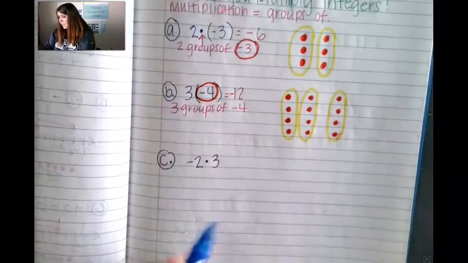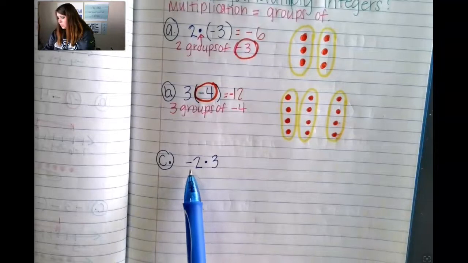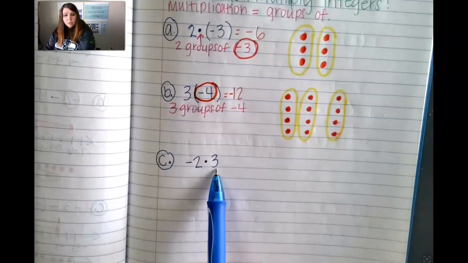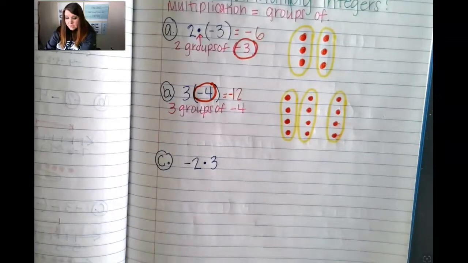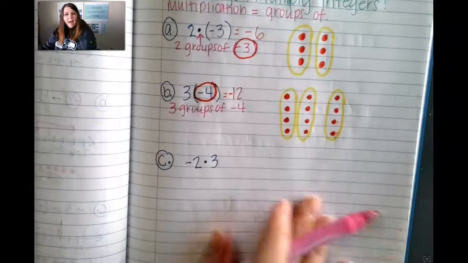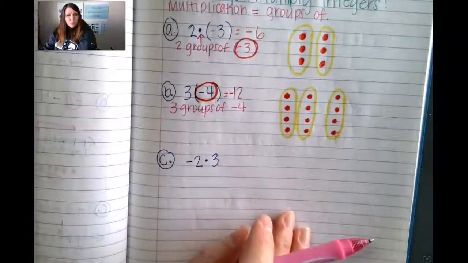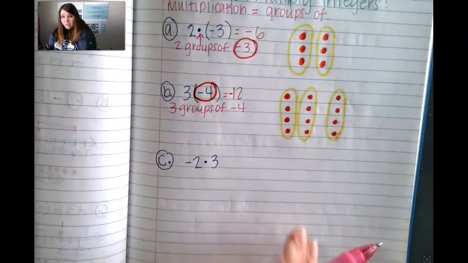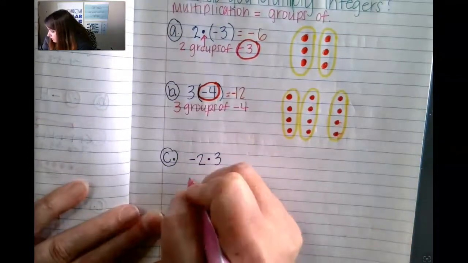This is like saying I need to remove 2 groups of 3. Now, this is going to get a little bit tricky in the sense that we don't have anything to remove. So we can't remove anything if it's not there. So first, let's talk about what this means.